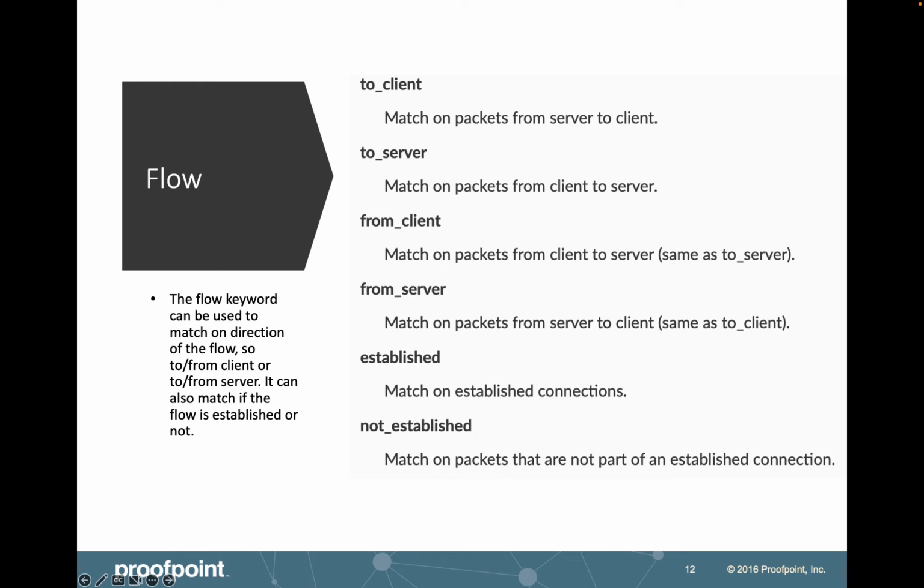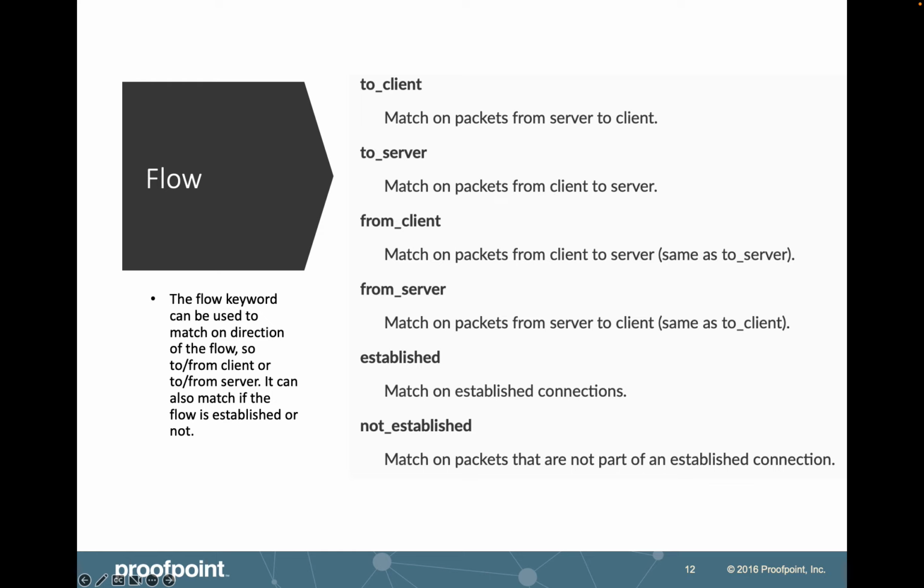So flow can determine, like I mentioned, if you want to alert on some additional context. For example, established: you probably want to use that if you really want to know that your client has made a request and connected with the C2 server. Up here at the top, you can see to client, to server, and from client and from server.